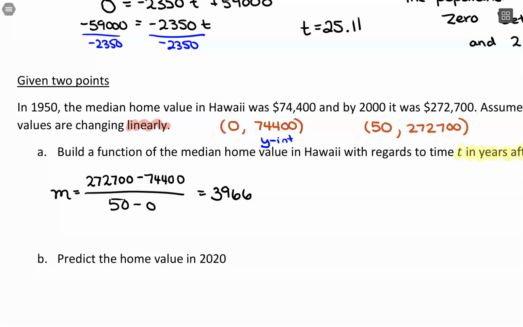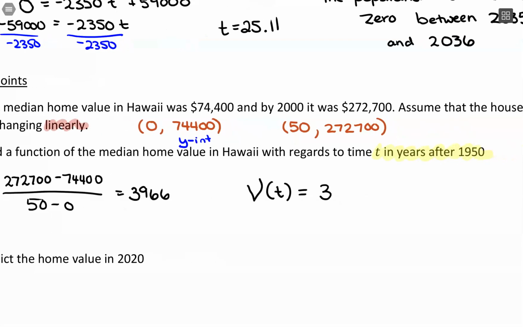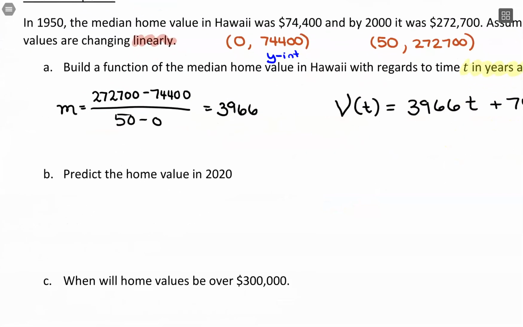So with that, our function, which let's call this v of t, finding the home value given time, we'll have positive 3,966t plus 74,400. Something I do here is just make sure that the slope makes sense. Like, that the fact that it's positive means the value is increasing, and that makes sense because we're seeing this increase in home value.